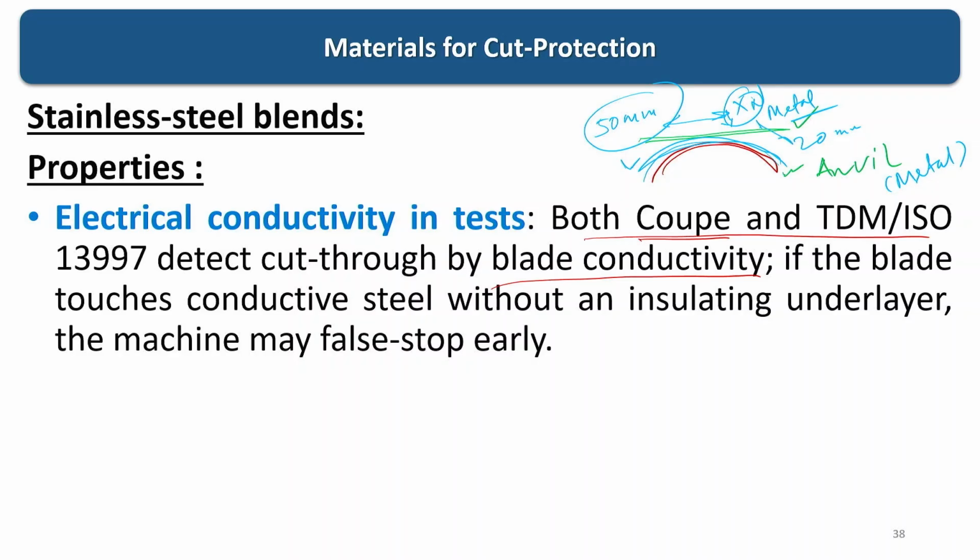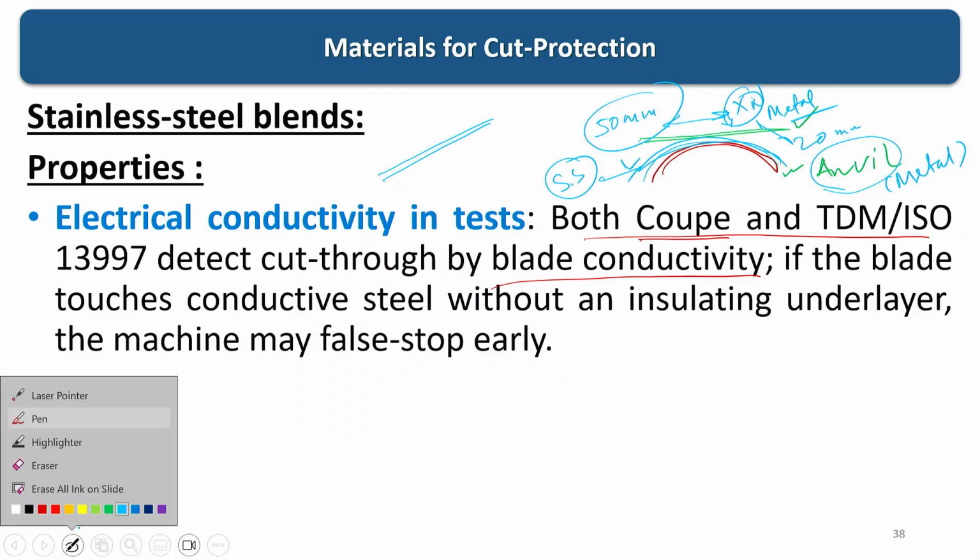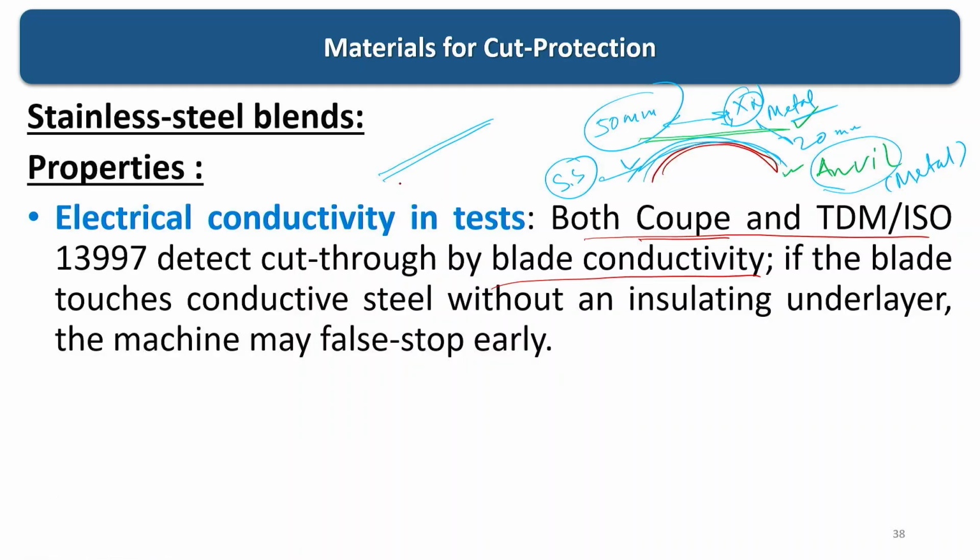Now, if the material is made of stainless steel, SS, in that case what will happen? Before it reaches this anvil, and this is made of say stainless steel, and there is a covered yarn with stainless steel core, and the sheath is say ultra high molecular weight polyethylene.